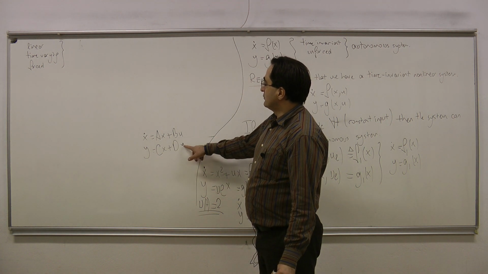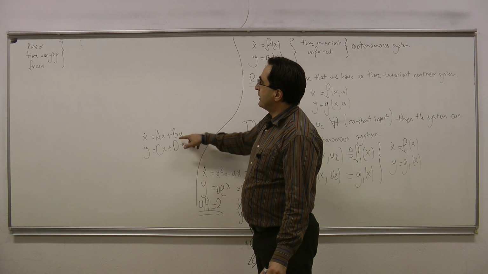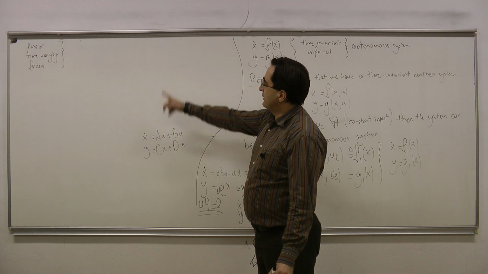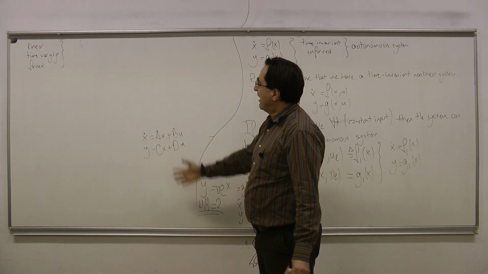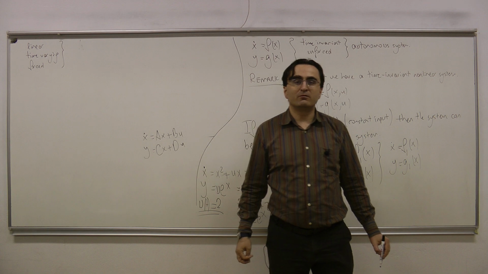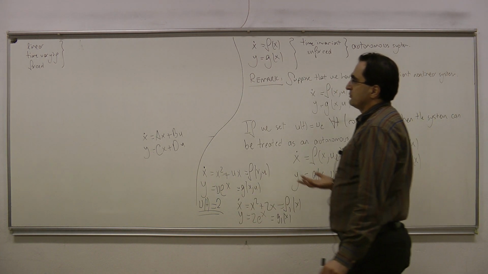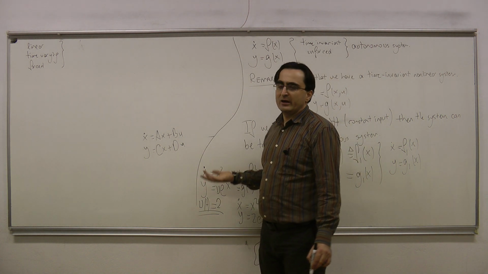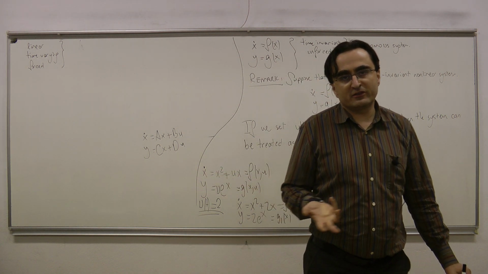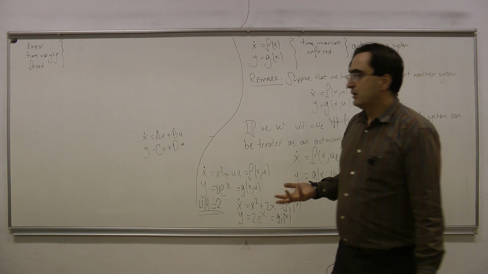So it is forced, there is input on the right hand side, it is linear, and how can I make this system time varying? Remember, when I try to make this system time varying, I need to keep its linearity. Okay?